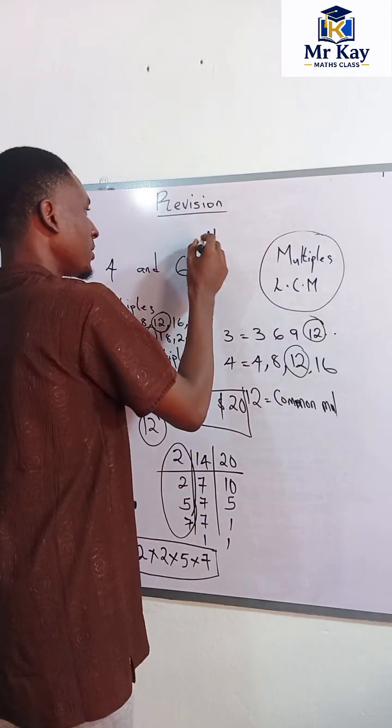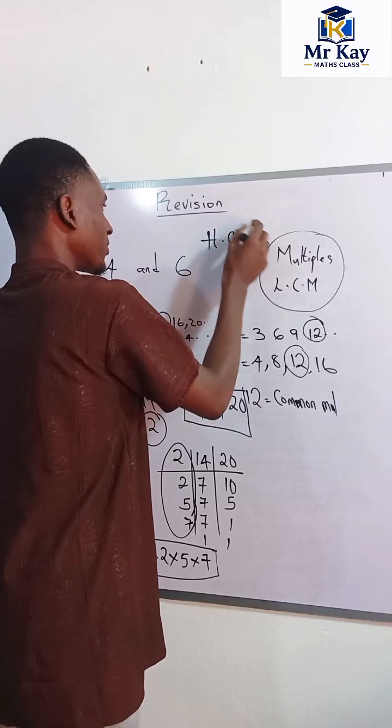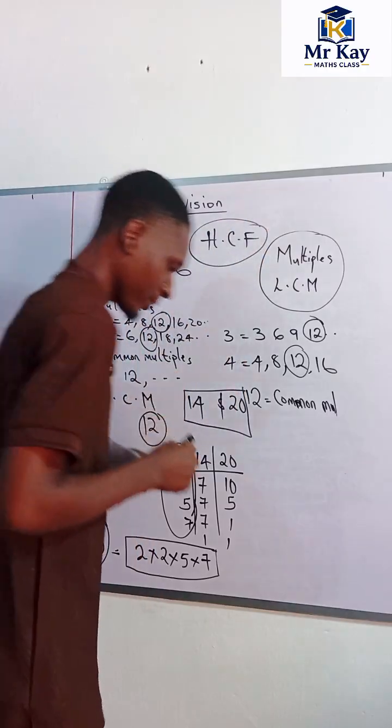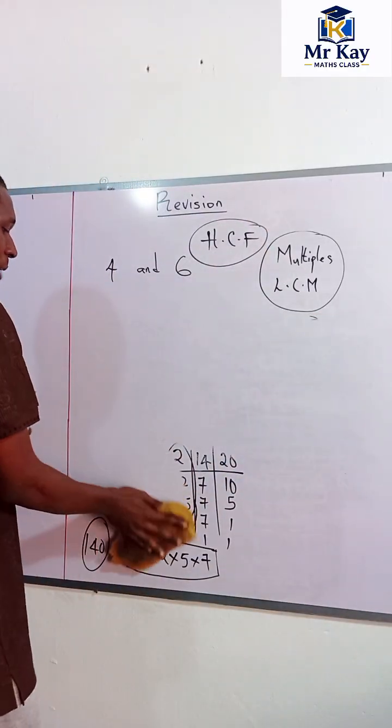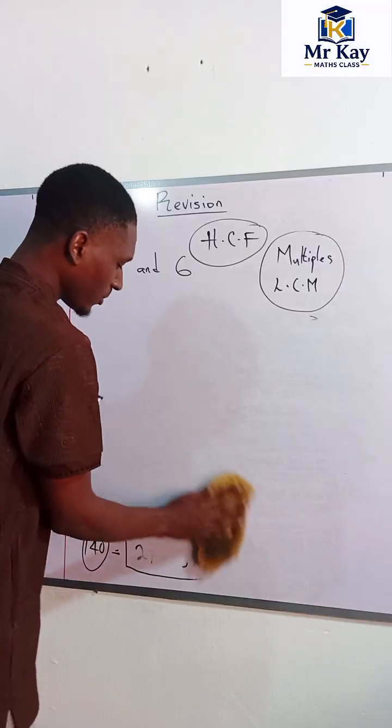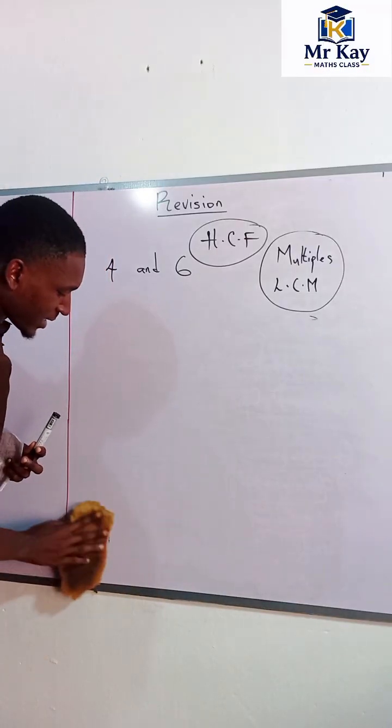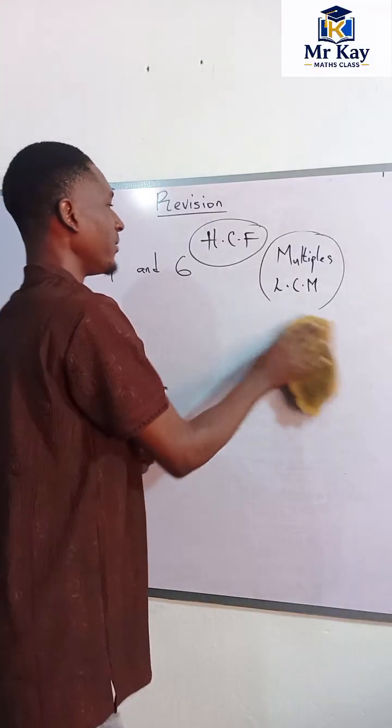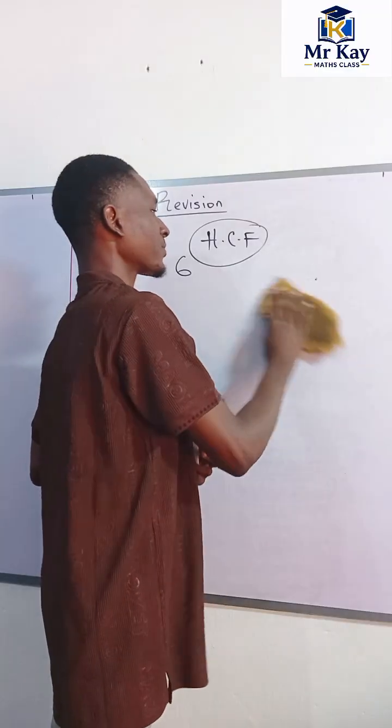The second topic is highest common factors. We said factors are numbers that can divide a number without leaving a remainder.